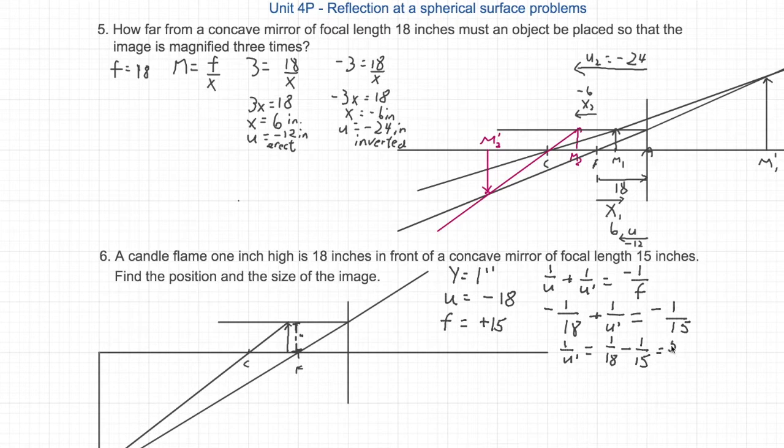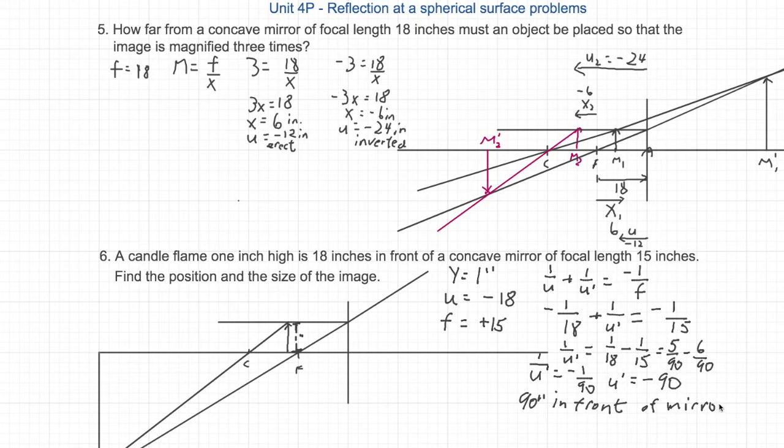We'll get a common denominator of 90. And we'll find that 1 over u prime is negative 1 over 90. So u prime equals negative 90, which makes sense based on the diagram. The image is 90 inches to the left, or in front of the mirror.